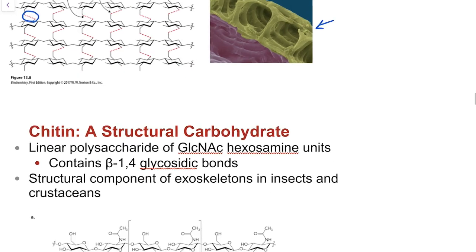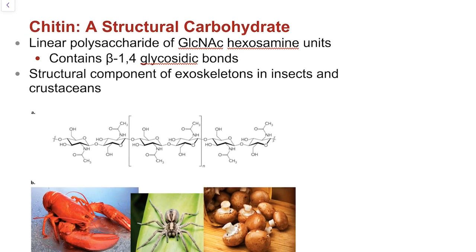It's pretty cool looking. Another structural carbohydrate is going to be chitin. This is going to be a linear repeating strand of units.